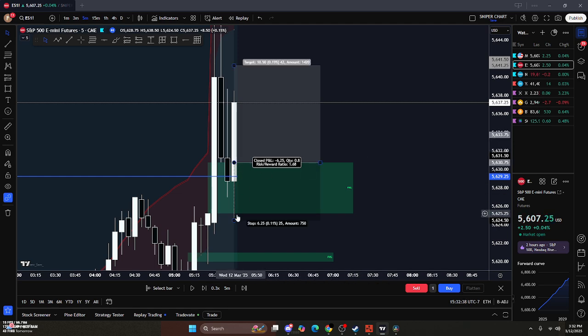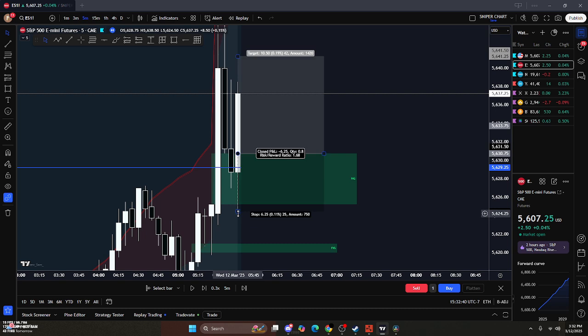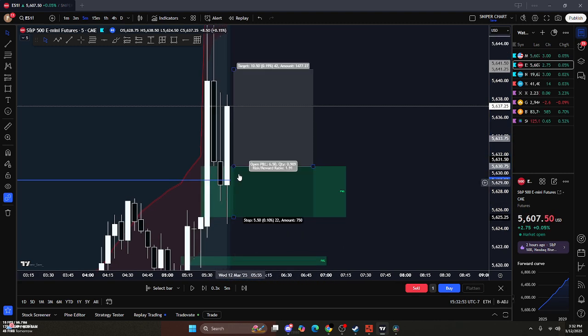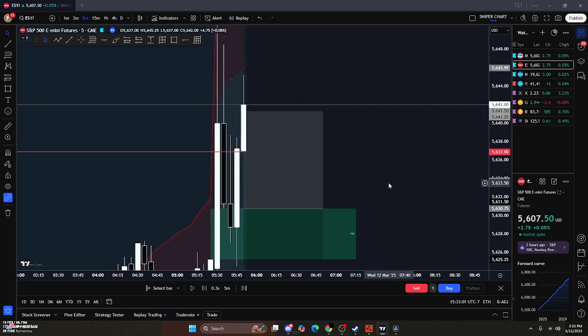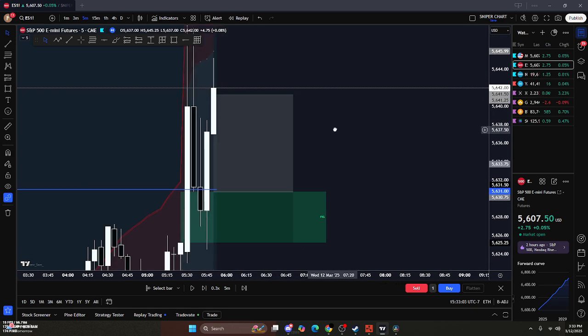So I entered here and it did hit my stop loss, but I wouldn't have entered right here, so that doesn't really matter, if you could say. It's basically just confirmation that, okay, this fair value gap worked. Let's see the next couple candles, and it skyrocketed all the way up.